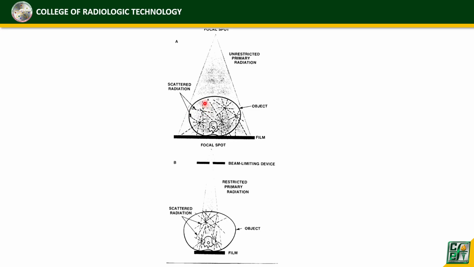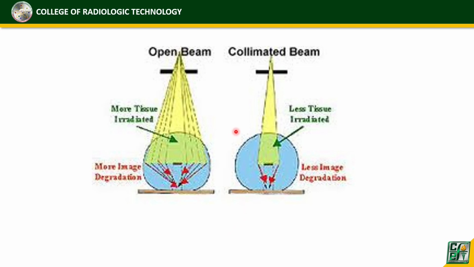Okay, this is what happens when there's a lot of scatter radiation. Mas malaki yung field size, mas maraming scatter, mas maliit yung field size, konti lang yung scatter radiation. Okay, same dito sa image.